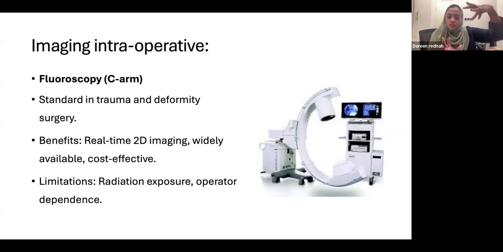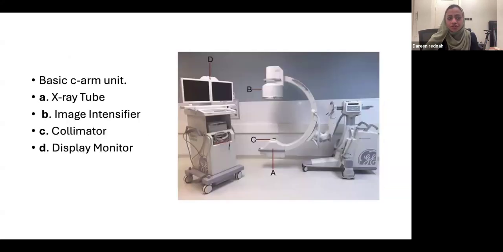During the surgery, the radiology technician aims the beam to take AP, but sometimes we need a 30-degree rotation, anterior and posterior, so it depends on the technician. For example, when we do a femur nail and we want a perfect circle, it will take many shots until we reach the perfect circle. That causes more radiation exposure.